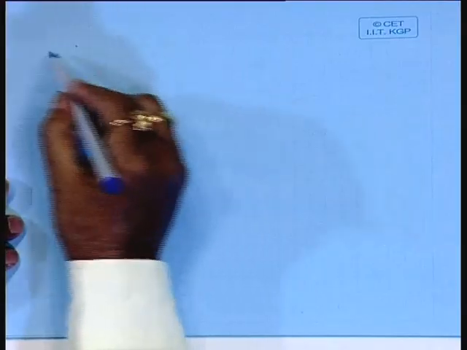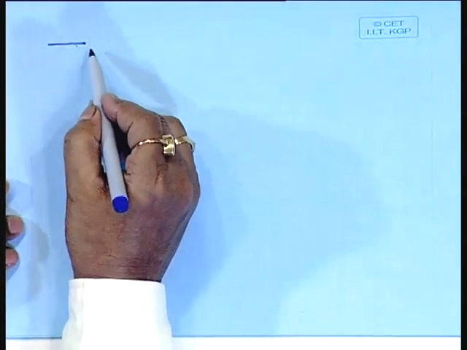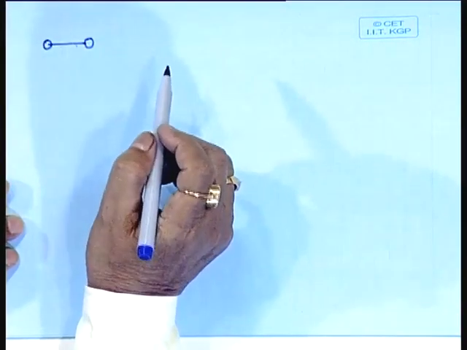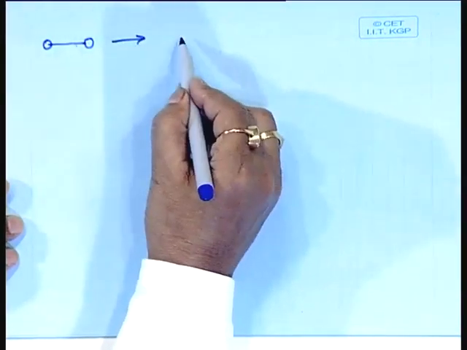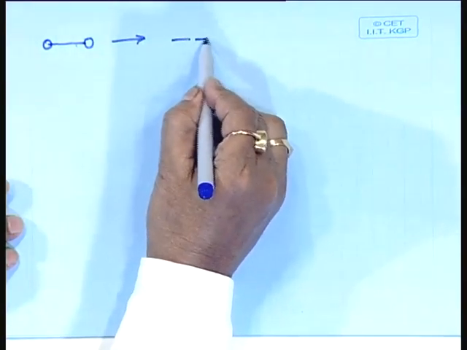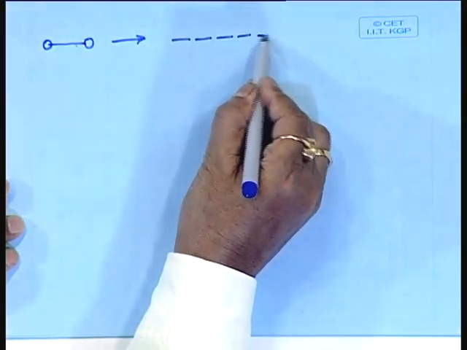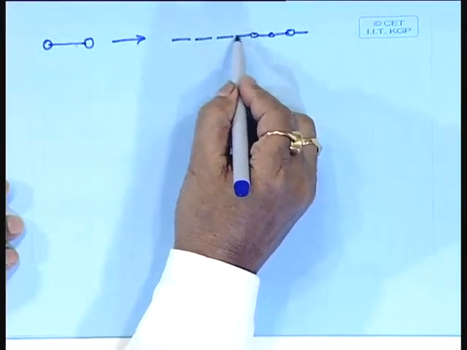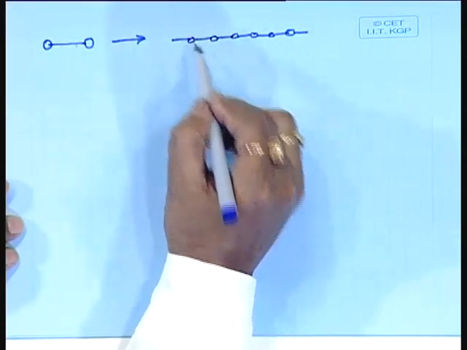If there is a third functional group, what will happen? Suppose this is a molecule having one functional group here, another functional group here. It will lead to a polymer like this, joining at these functional sites, leading to a macromolecular chain.